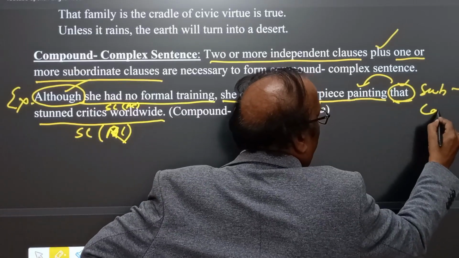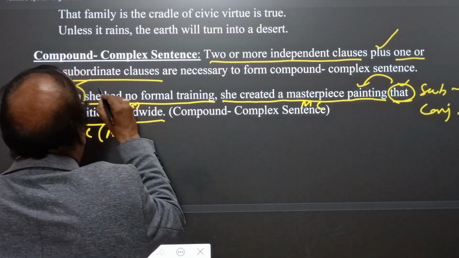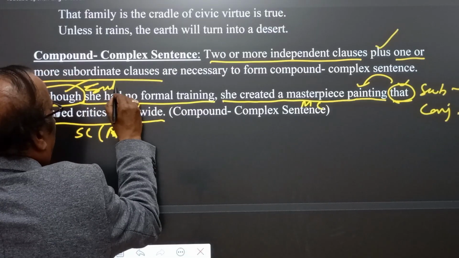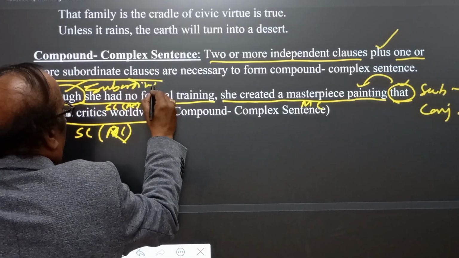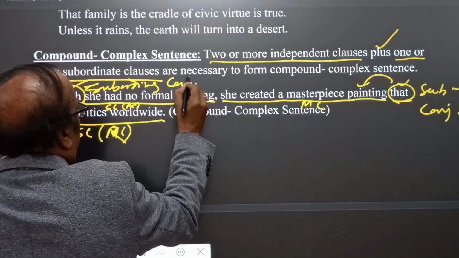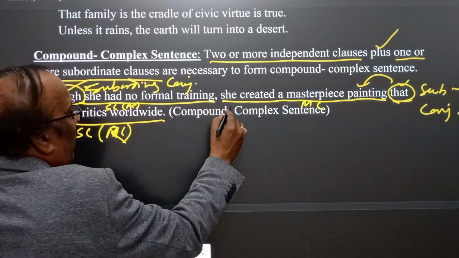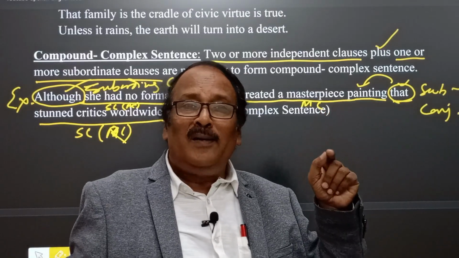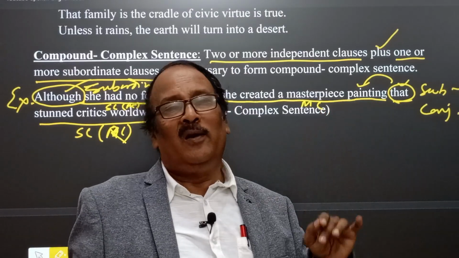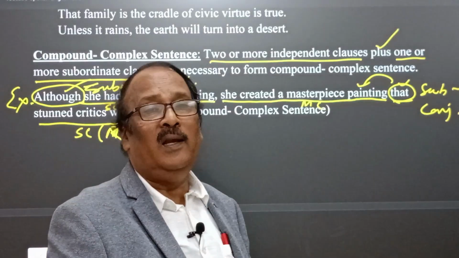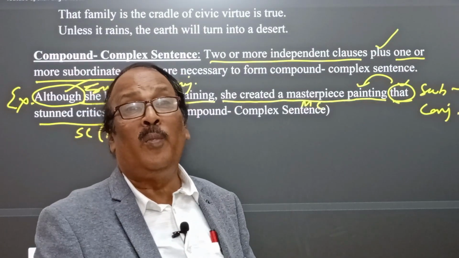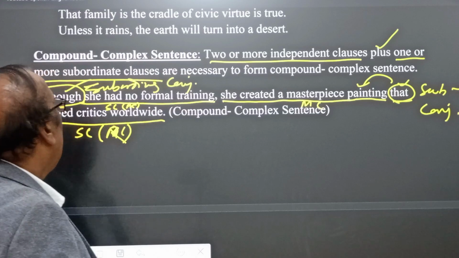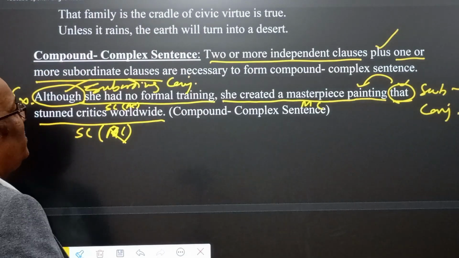So here we have one main clause and two subordinate clauses, and combiningly we find a complex or compound complex sentence.